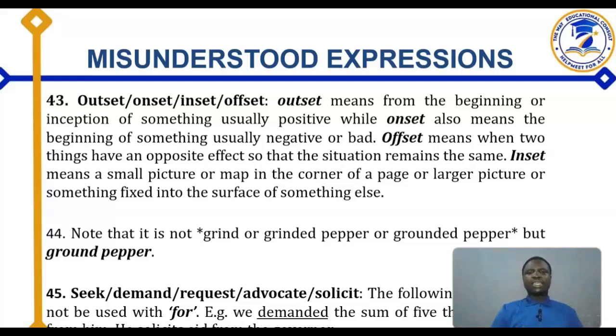Then inset, when you have a small picture or map in the corner of a page, or a larger picture or something fixed into the surface of something else. For instance, some of you have frames in your house where you have a big picture, and beside it you have a small one.